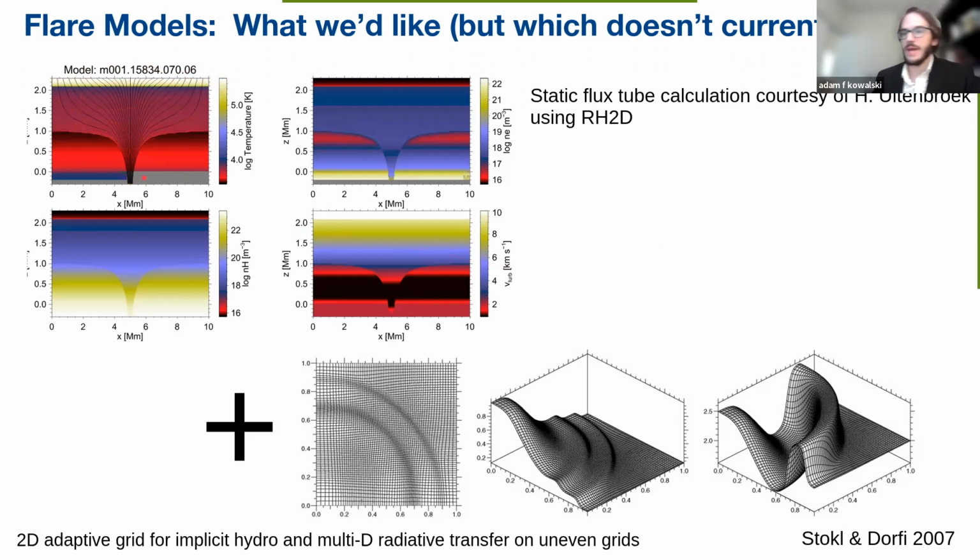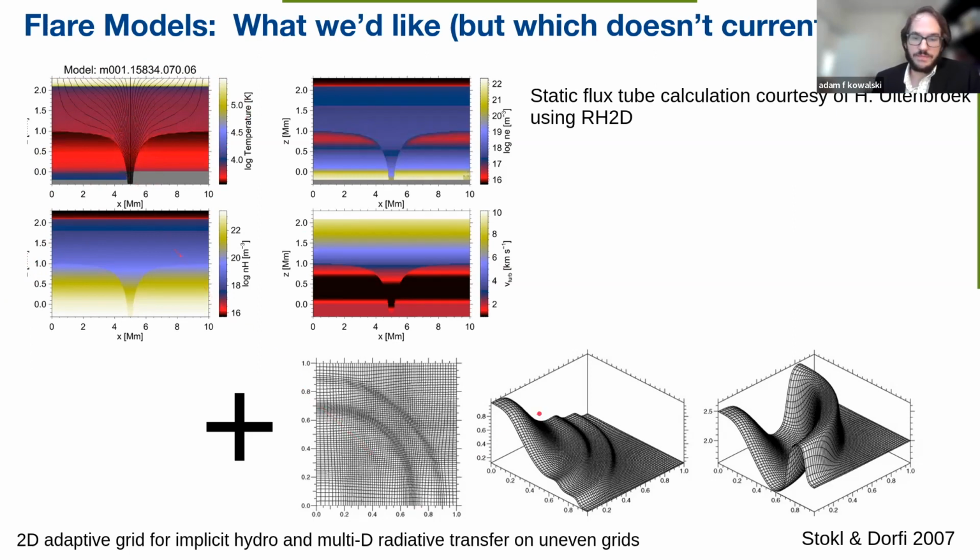And so we'd like a multidimensional model in space. This is a static model, and so we need to add in very extreme hydrodynamic processes, shock phenomena, and radiation transport on uneven grids. We need a lot of sophistication to model the explosion in the chromosphere.